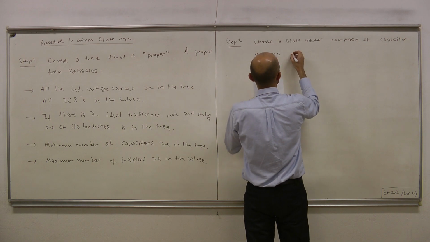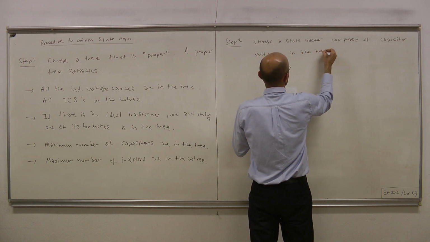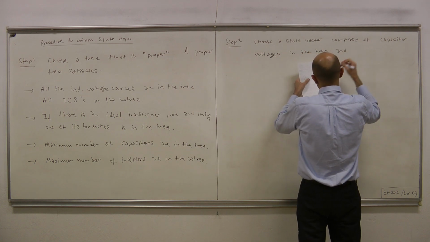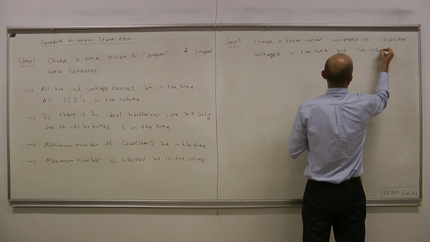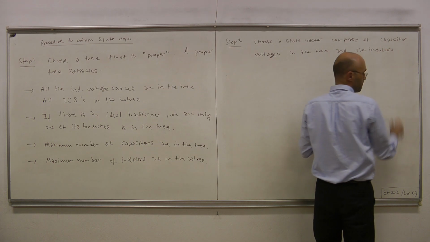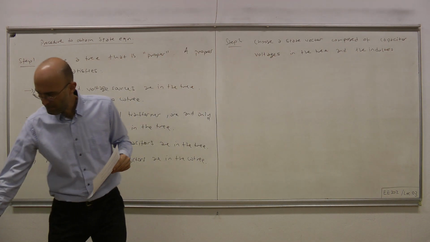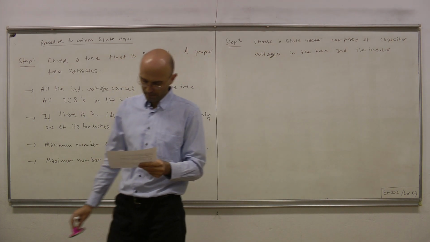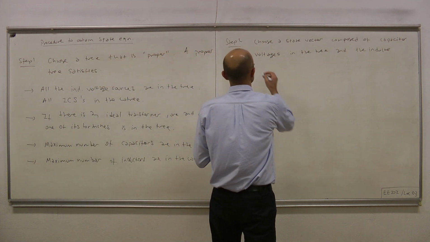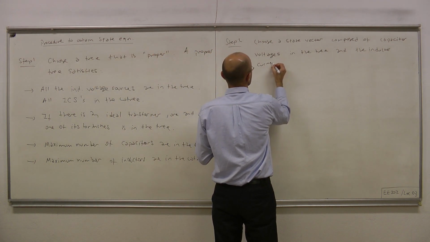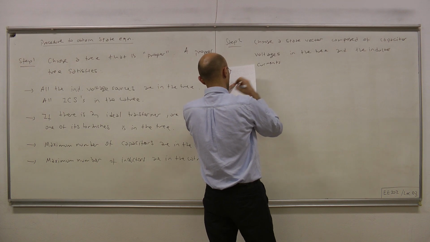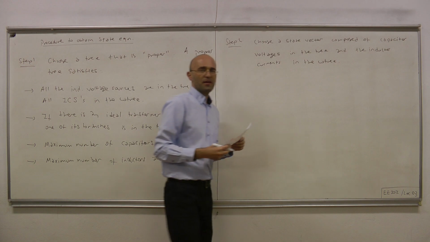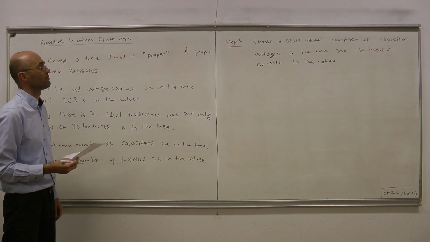Okay, voltages in the tree and inductor currents in the Cotree. So that's our step 2, state choice.